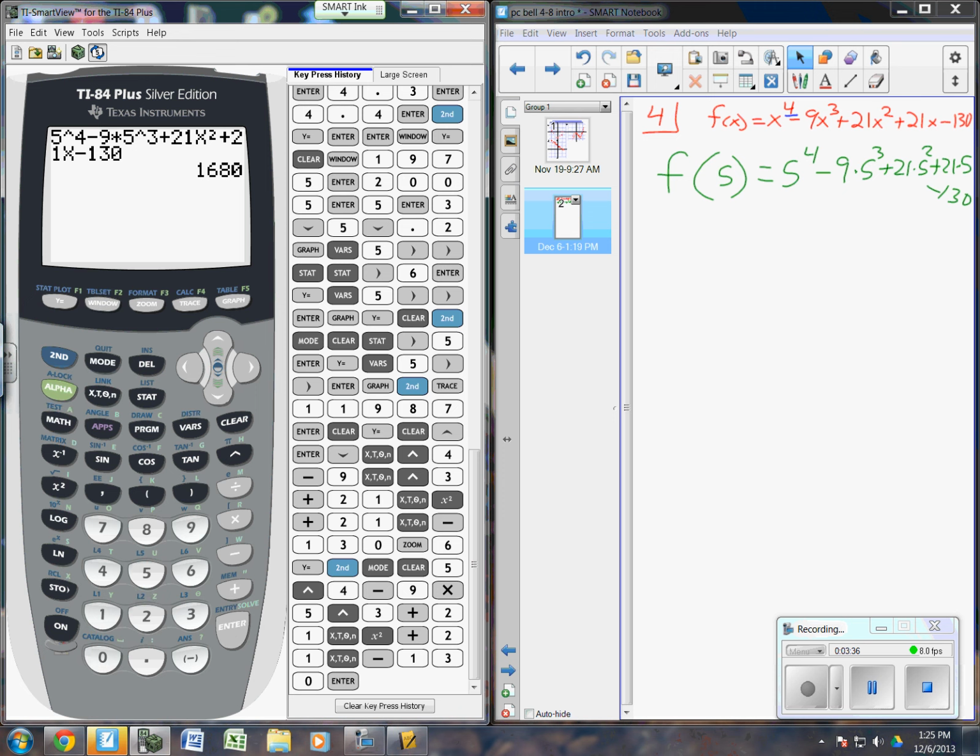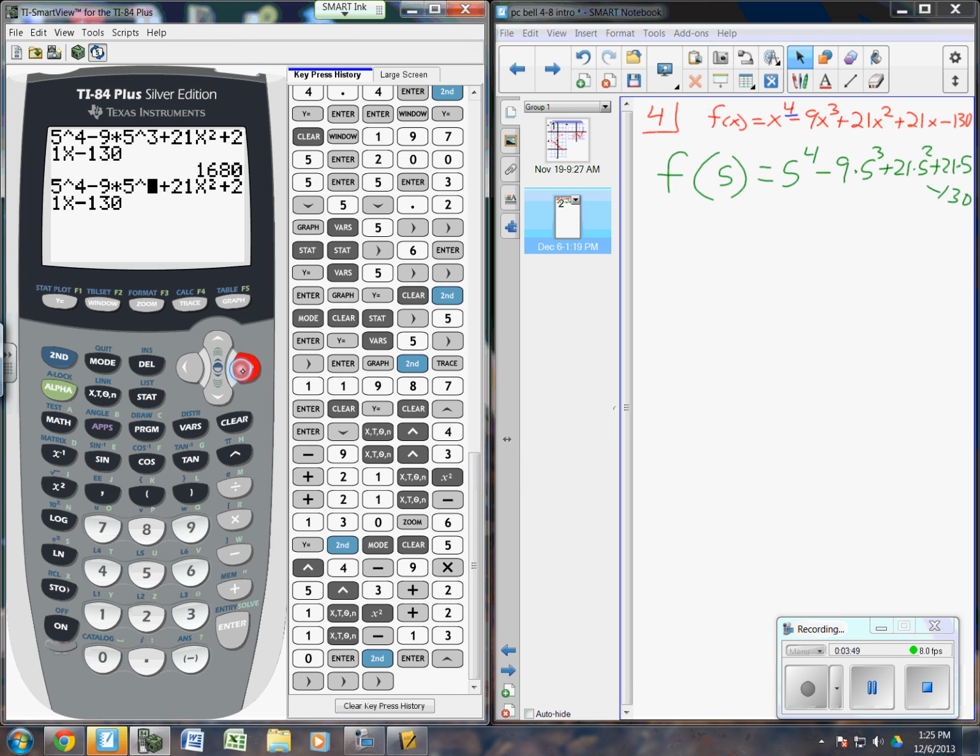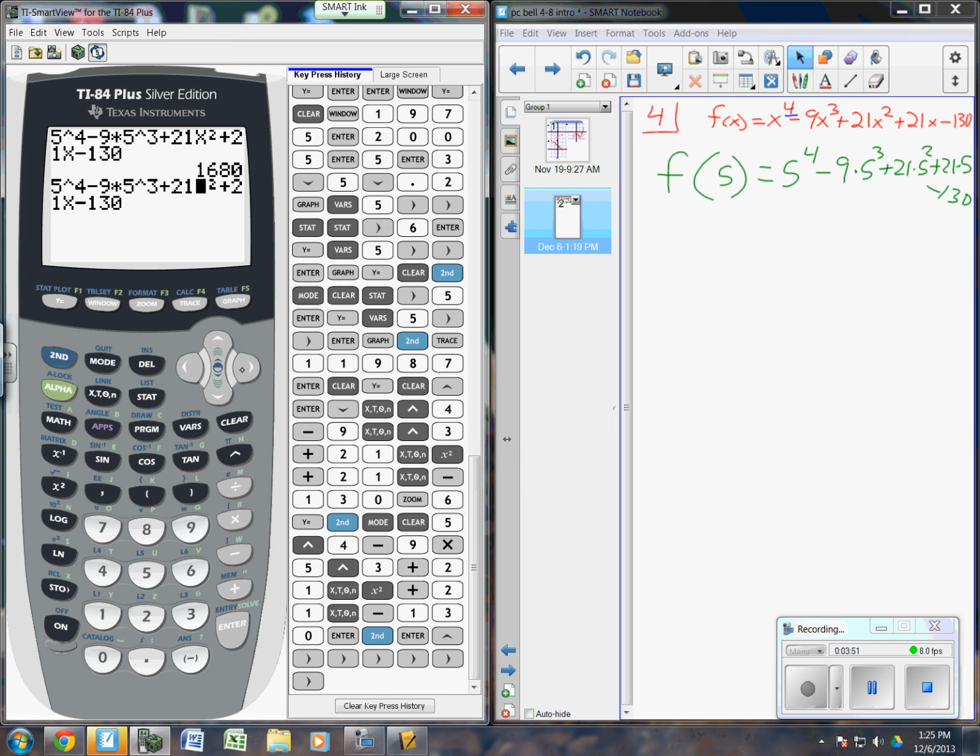Oh, wow. What did I do wrong? Oh, I know what I did wrong. I put x's in there, and there must be a value stored in for x. I need to replace those x's.